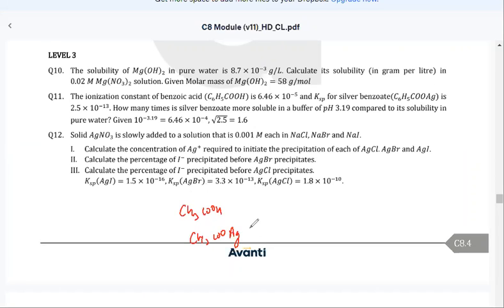And C6H5COOAg. This will break down into C6H5COO minus plus Ag plus, right?